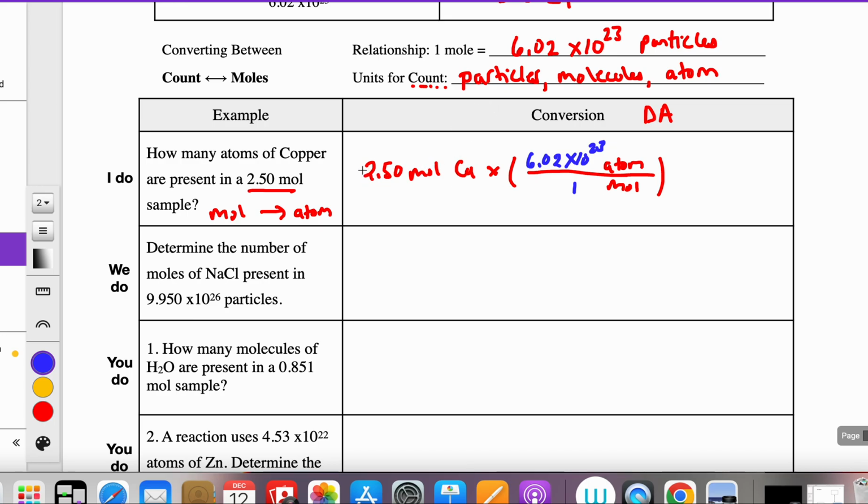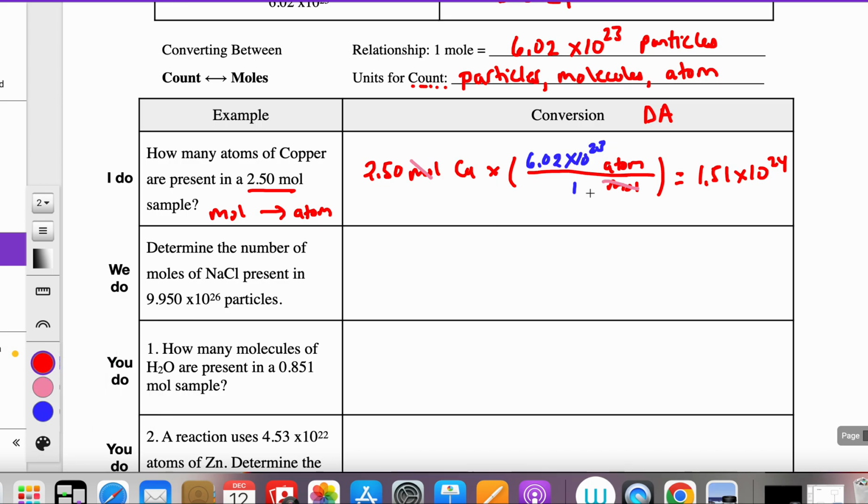So in my calculator, I put 2.50 times this huge number, Avogadro's number, 6.02 times 10 to the 23. So when I write down my calculator answer, it's 1.51 times 10 to the 24. The math I put in the calculator, I have to do the same math with units. So I have mole times atom divided by mole. Since there's a mole upstairs and a mole downstairs, I'm allowed to cross it off.